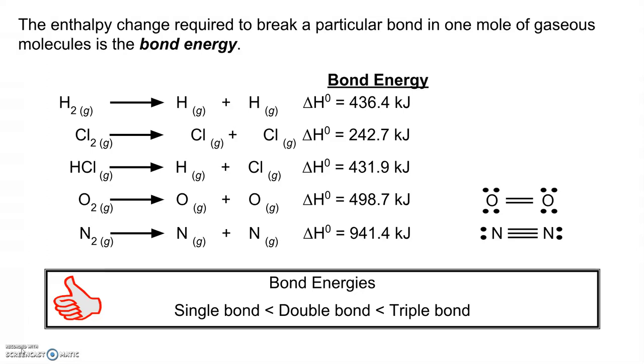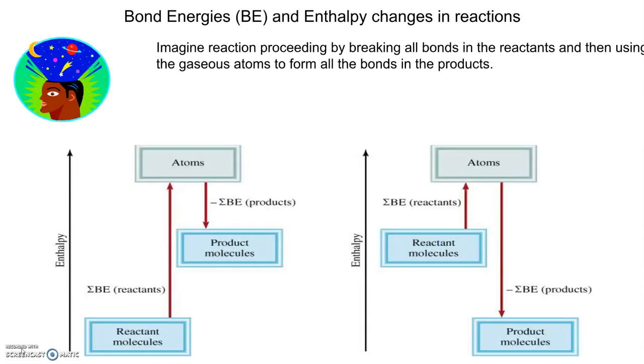Well, now that you look at the bond energy, you can also see that a triple bond has a greater bond energy than a single bond because it takes more energy to break those triple bonds than it does that single bond, and also a double.